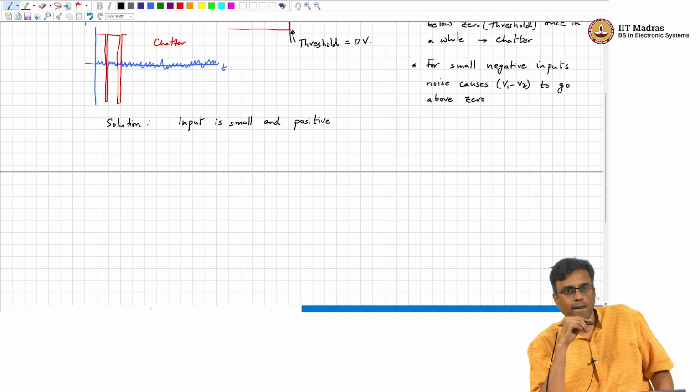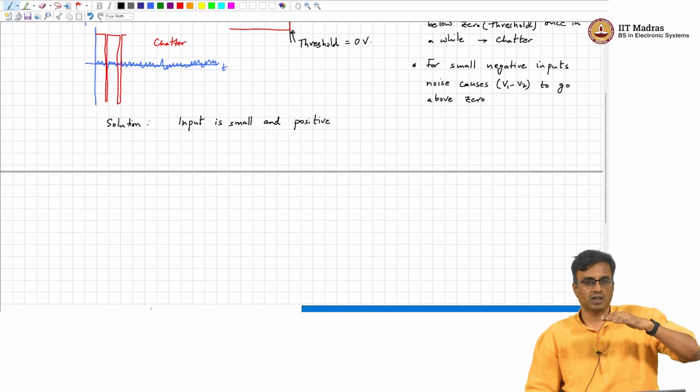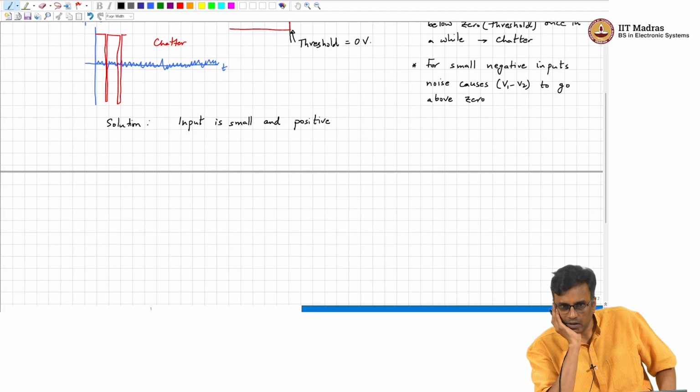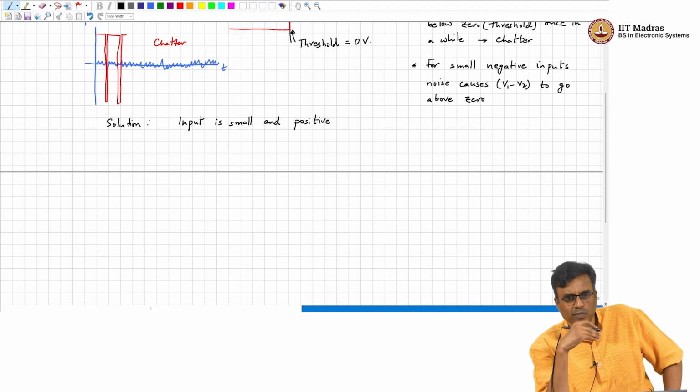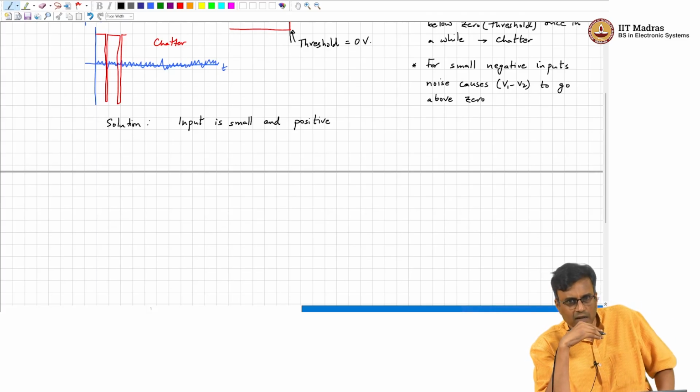Pardon? I mean, when the input is small and positive, the problem is that the threshold is very close to the input, and that's basically what is causing the problem, right?